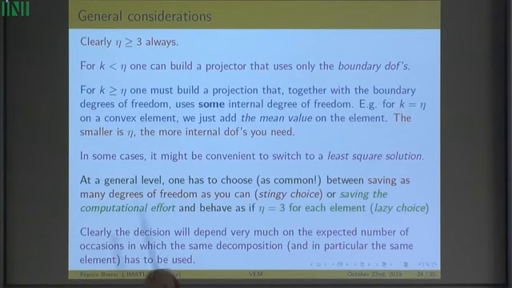So essentially, we decided that we could consider 2 typical choices that we called the stingy choice and the lazy choice. The lazy choice: I don't want to know the shape of the element. The worst case will be that k is equal to 3, a triangle.